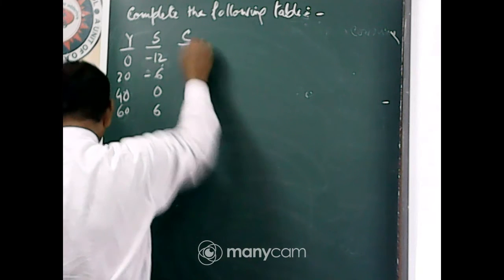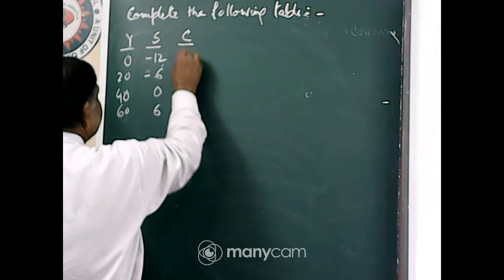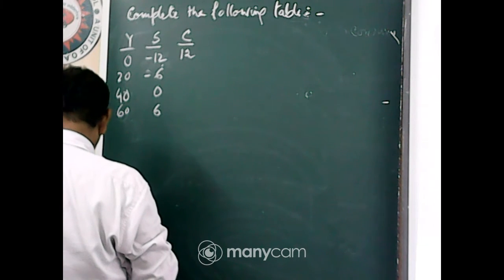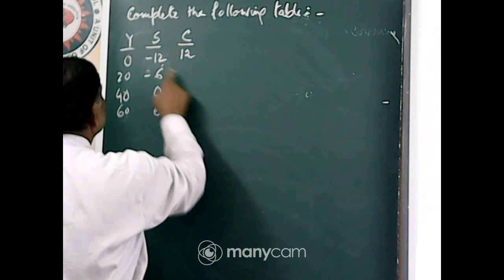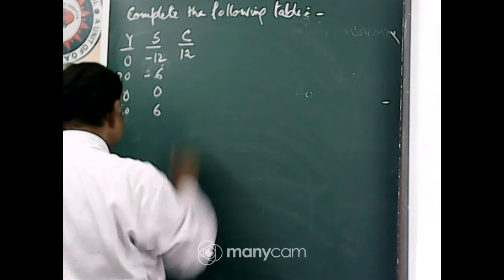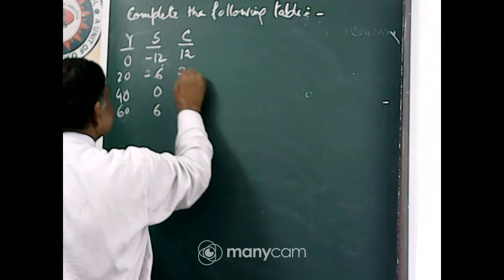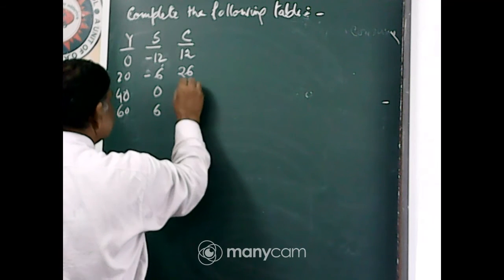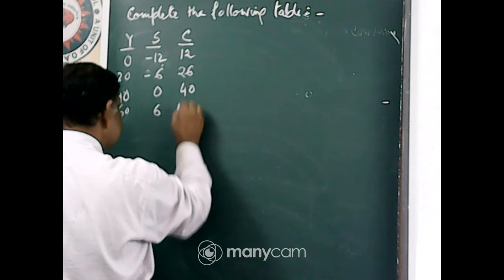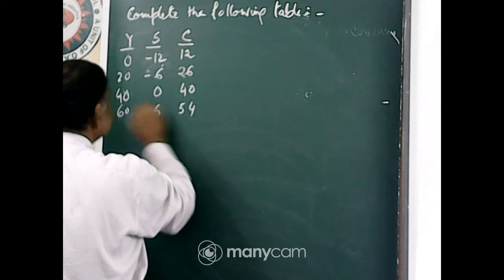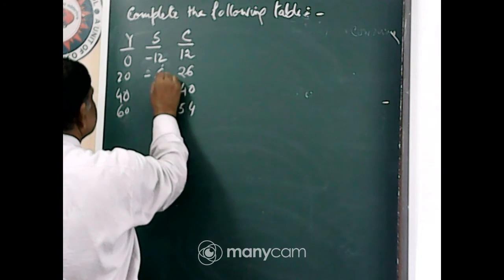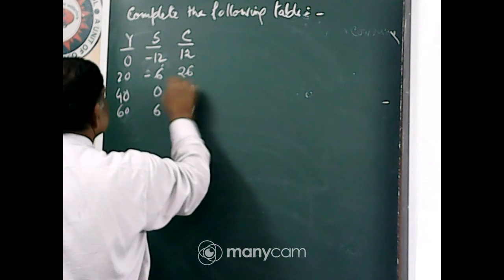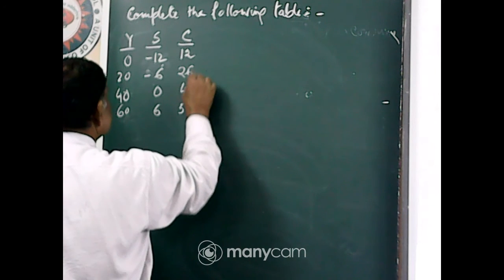How can you calculate consumption? This minus 12 means you have consumed 12 rupees, and for 20, with saving minus 6, that is 20 plus 6, 26, minus minus plus, and then it is 0, that is 40, and then it is 54. Saving is income minus consumption.